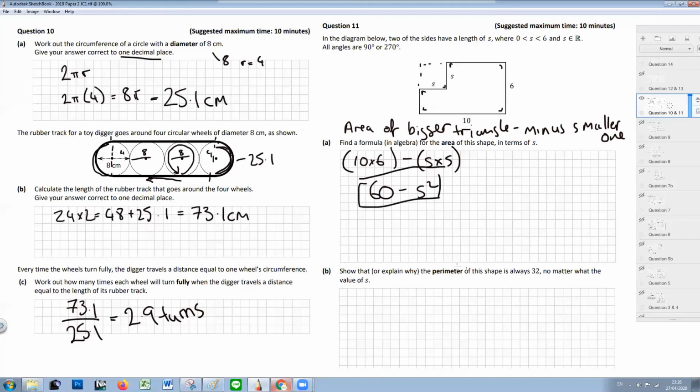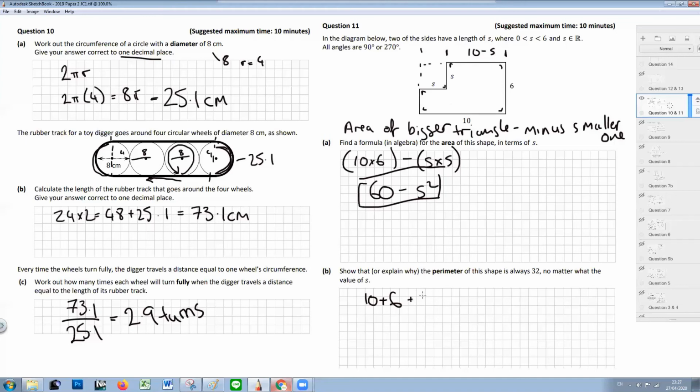Show or explain why the perimeter of this shape is always equal to 32, no matter what the value of s. If we're going to do the perimeter, it will be 10 plus 6 plus 10 minus s. So this length is going to be 10 minus s, because it's this minus this.